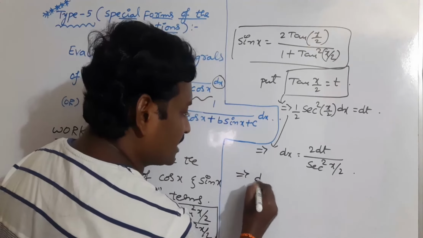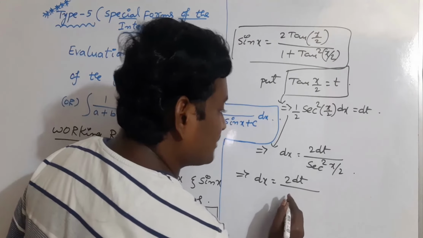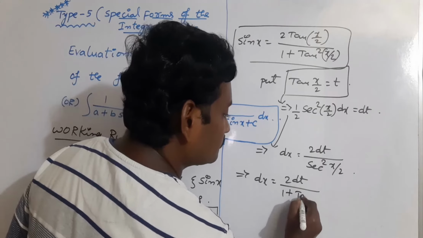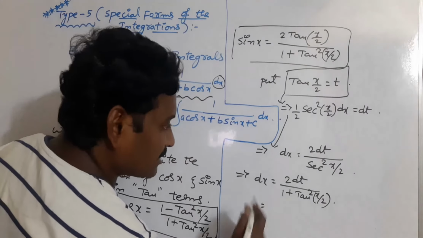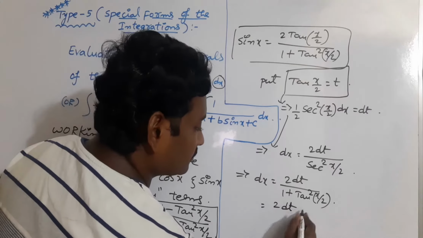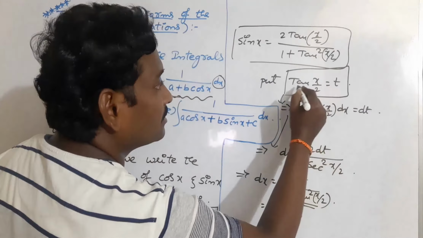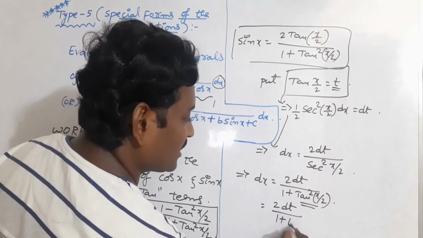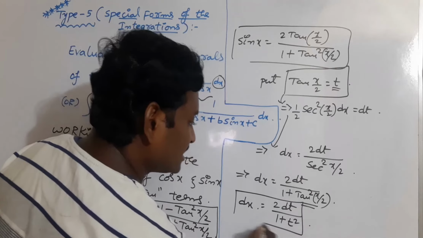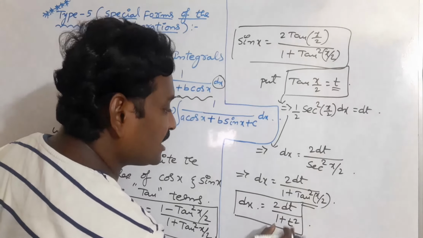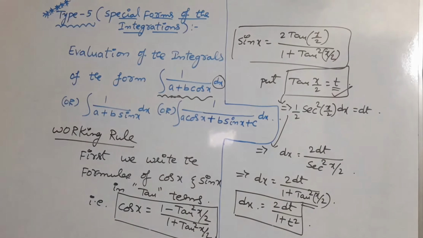But already we know that secant square x by 2 is 1 plus tan square of x by 2. That is equal to 2 dt by 1 plus, what is tan square x by 2 here? t square. So finally, you should remember that dx is nothing but 2 dt by 1 plus t square whenever we are taking tan x by 2 is equal to t.